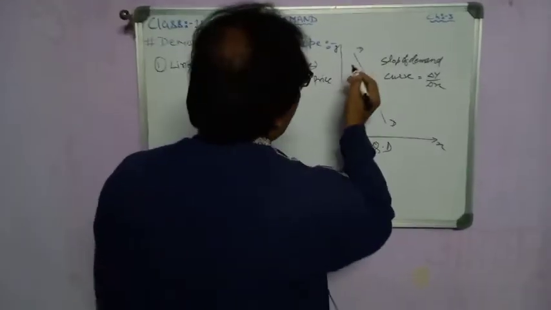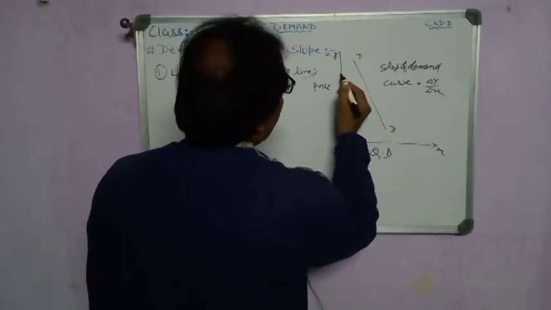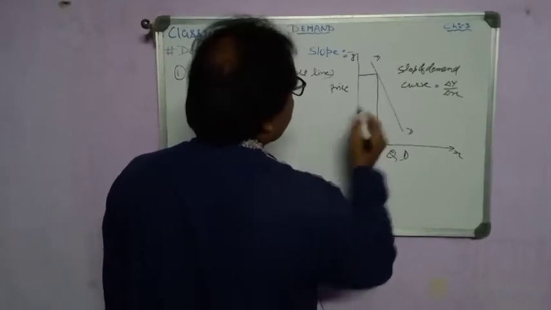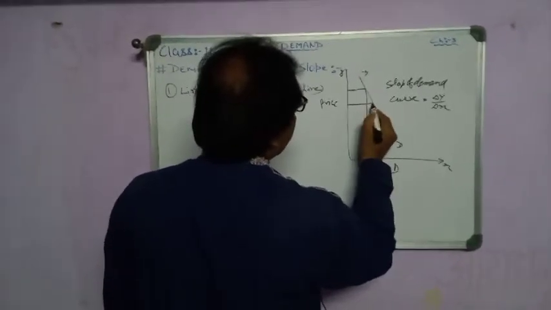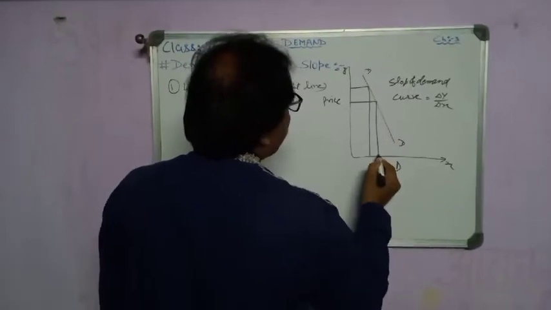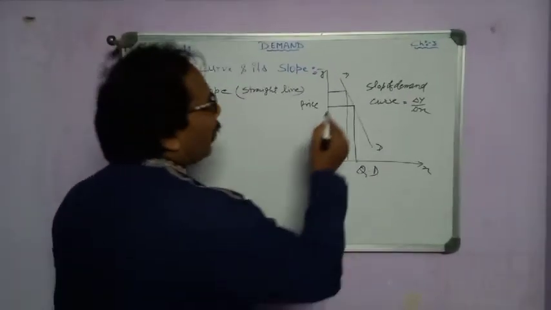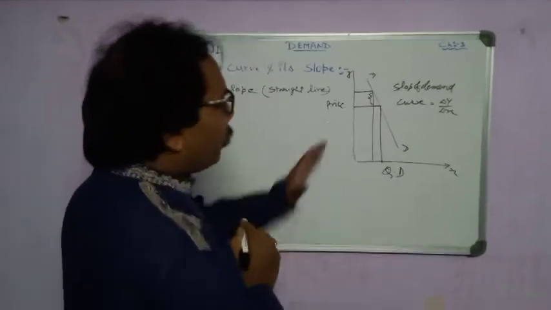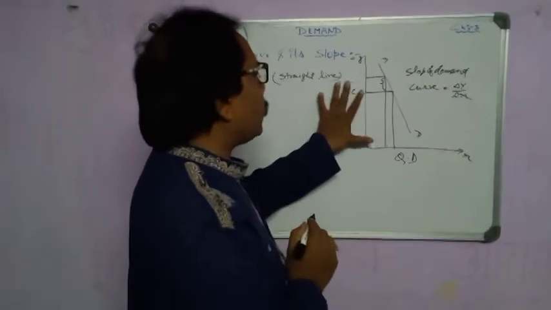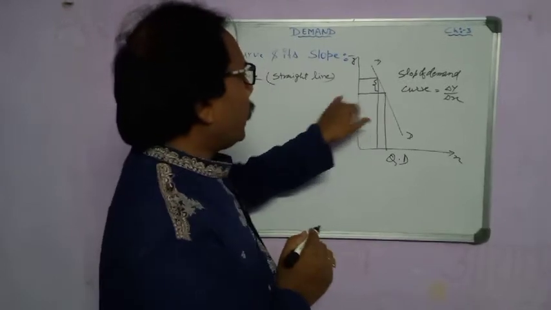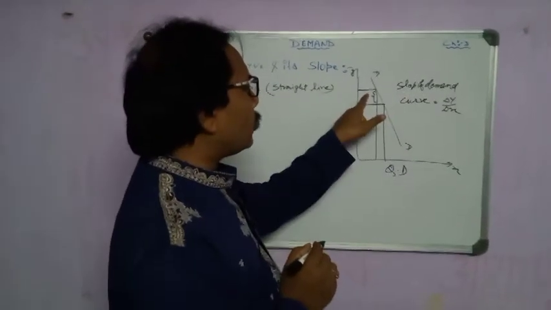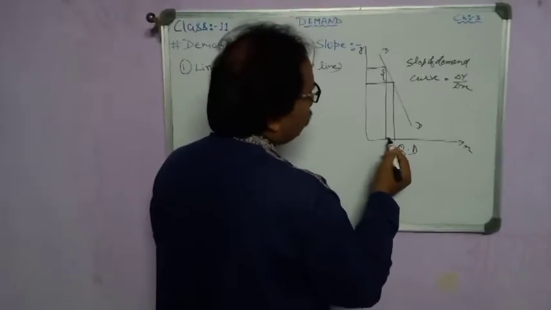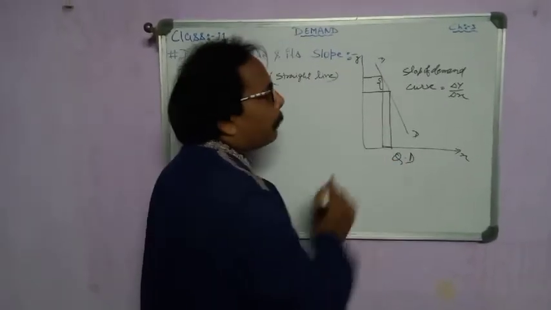Okay. So if this is the demand curve and look, this is the first point, this is the second. So what do you find? You find that this much amount of y goods is sacrificed, and this much amount of x good is obtained.